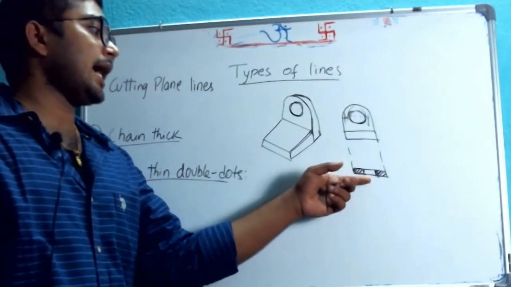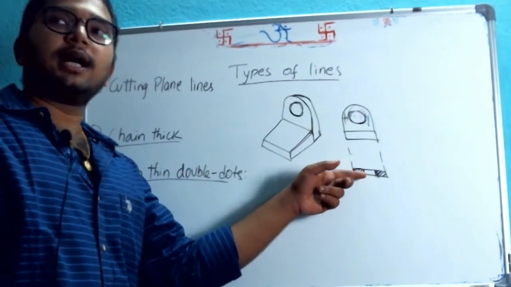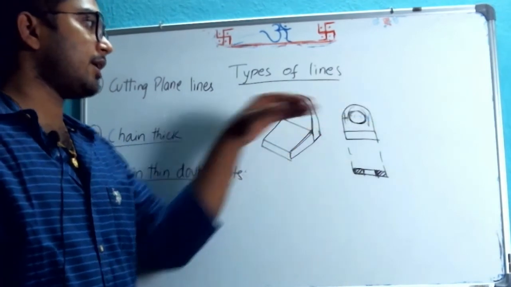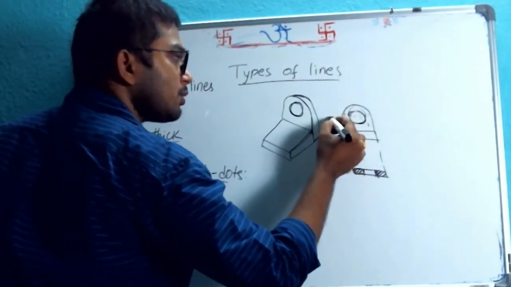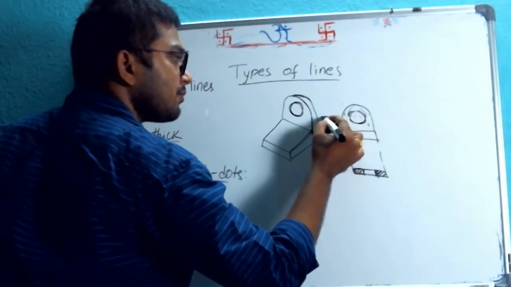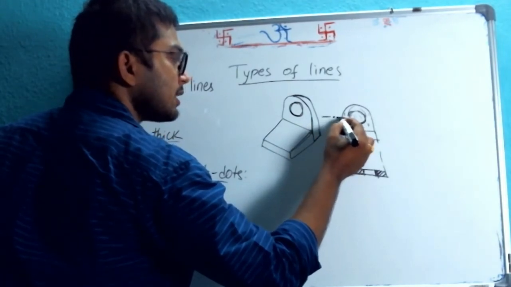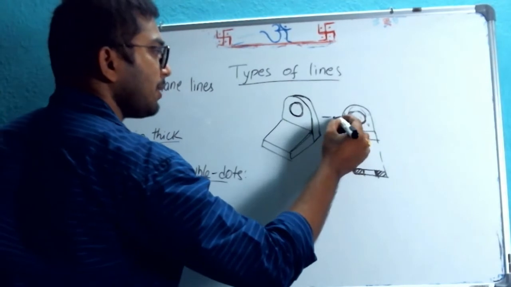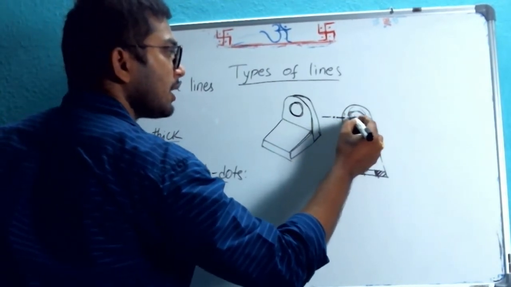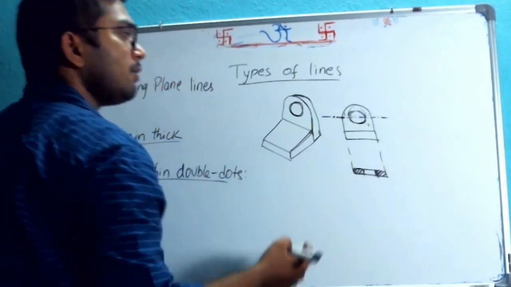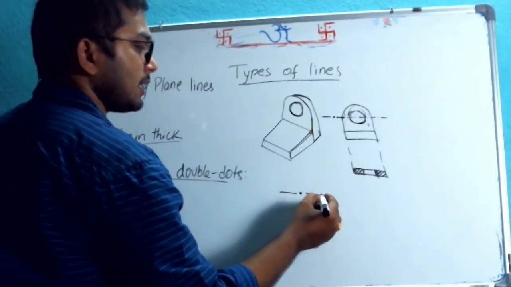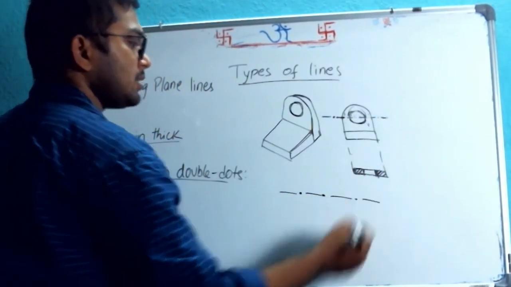But when I am having section, that means I am sectioning it or cutting it somewhere. And to represent that position, I should use the cutting plane line. Sorry, cutting plane line, not section line. You might be wondering, this is same as center line, but there is difference.